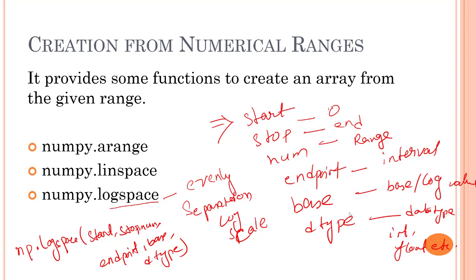So now you are clear with the theoretical way of creating a NumPy array using a numerical range. Let's jump to the Jupyter notebook to understand how we will practically use these three methods to create an array.